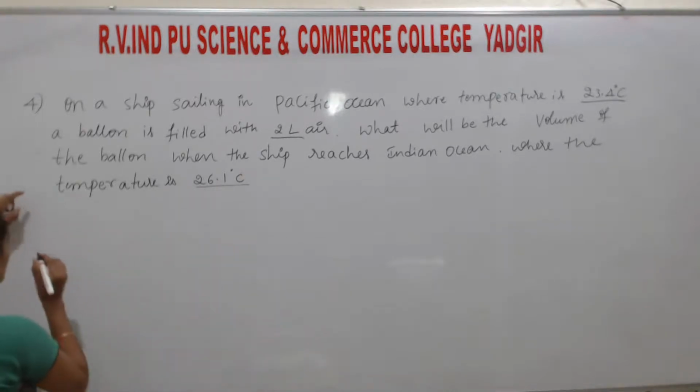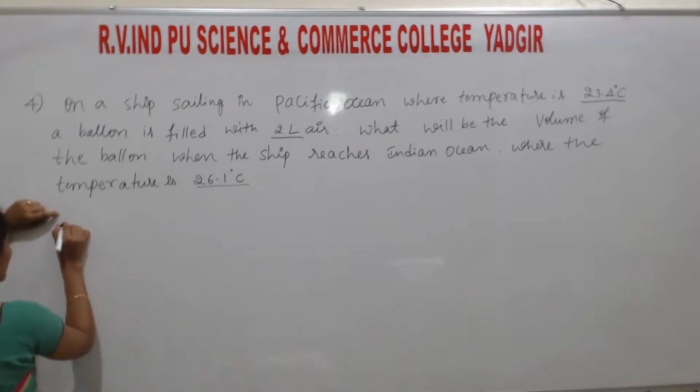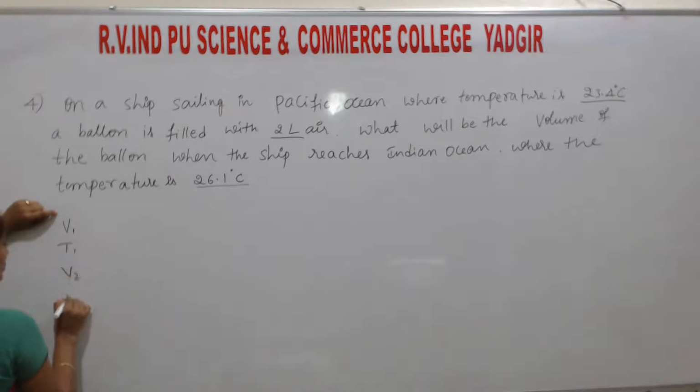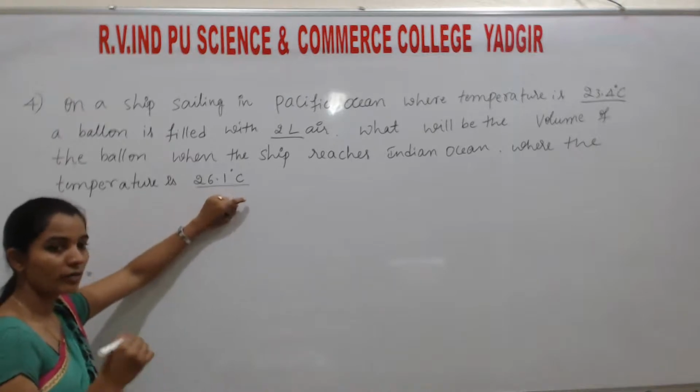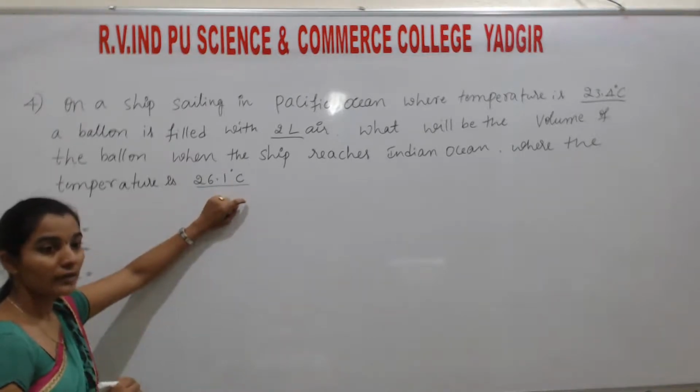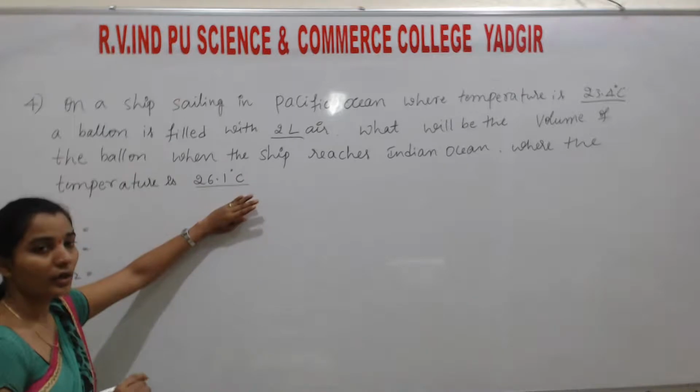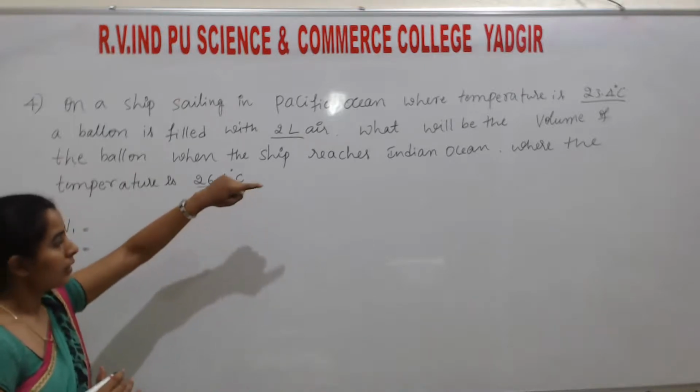Okay, so listen. First you write the given values: V1, T1, V2, T2. Remember students, if they are given in degrees Celsius, you have to convert into the Kelvin scale, that means you add 273.